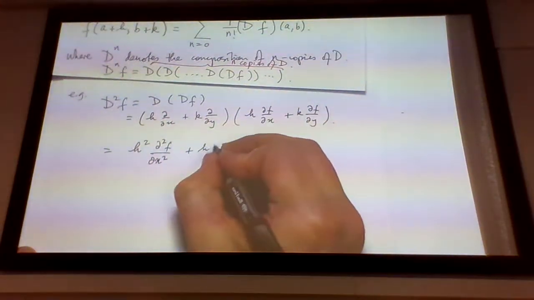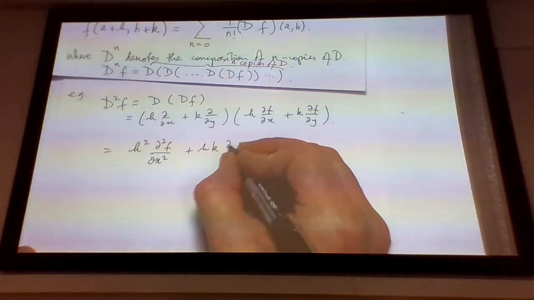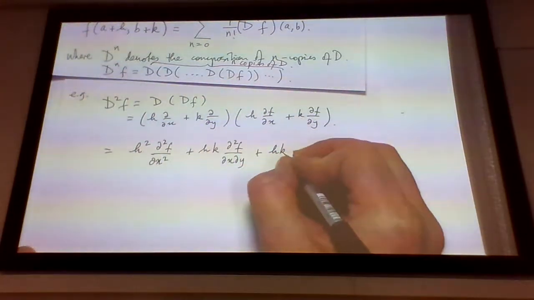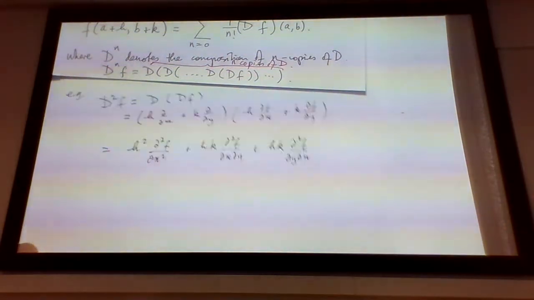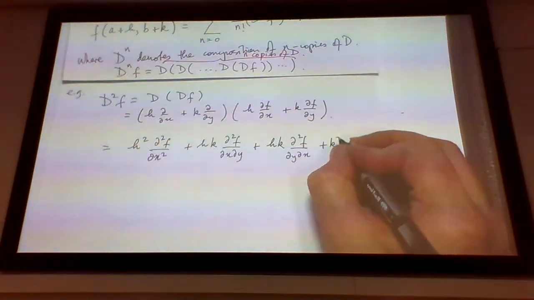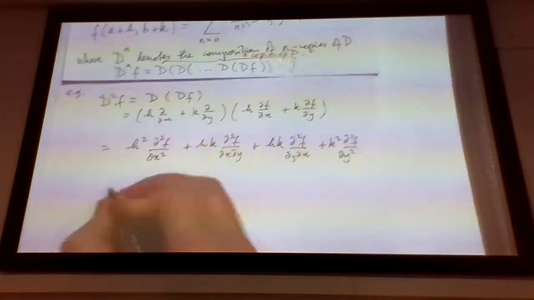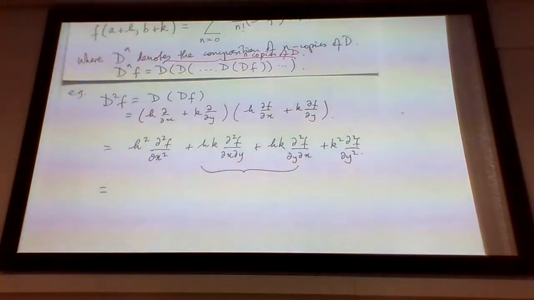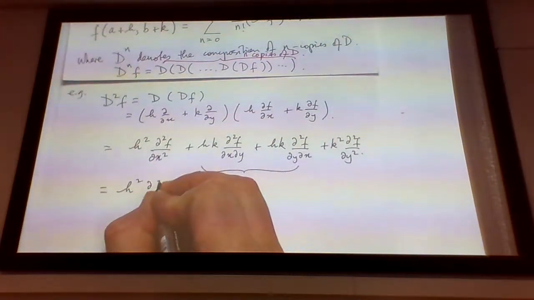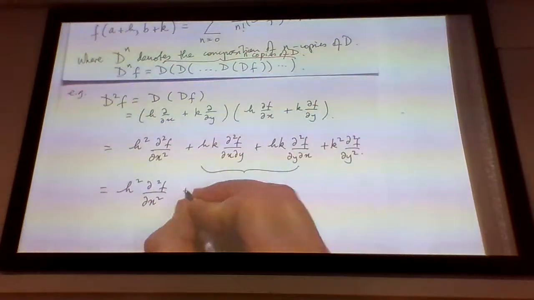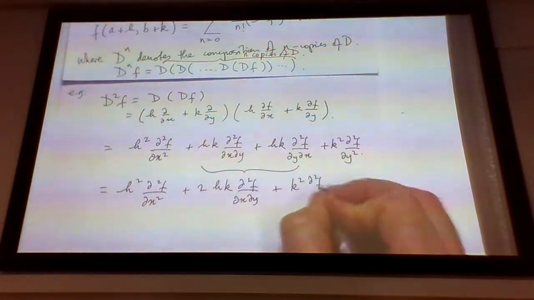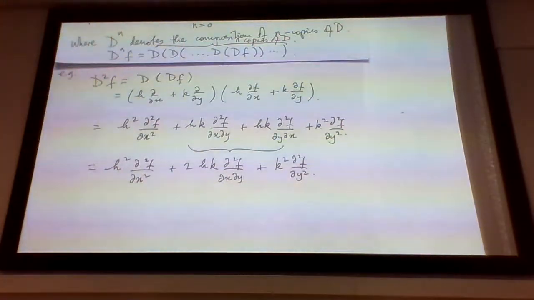Then you'll have hk, taking the x derivative of the y derivative, so ∂²f/∂x∂y. Then hk ∂²f/∂y∂x this time, and finally k squared ∂²f/∂y². But Clairaut's theorem tells us that these two mixed second order partial derivatives are in fact the same thing. So we get h² ∂²f/∂x² plus 2hk ∂²f/∂x∂y plus k² ∂²f/∂y².